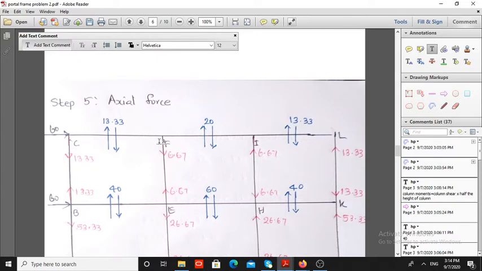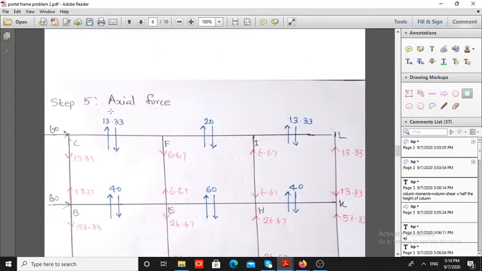Similarly, if I take this section, here 13.33 downward, here 20 kilonewton beam shear upward. So total upward force should be equal to total downward force. Therefore I had to add 6.67 kilonewton downward in the column. That is 13.33 plus 6.67 minus 20 equal to 0.